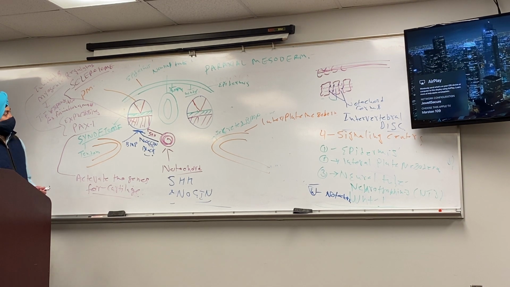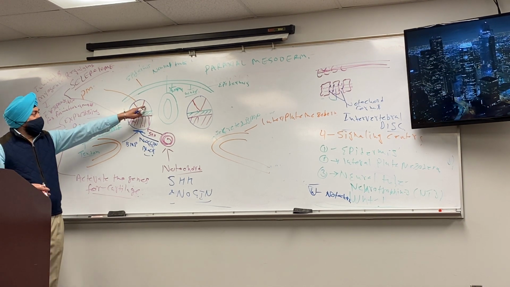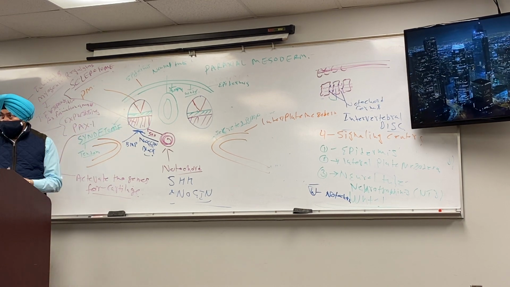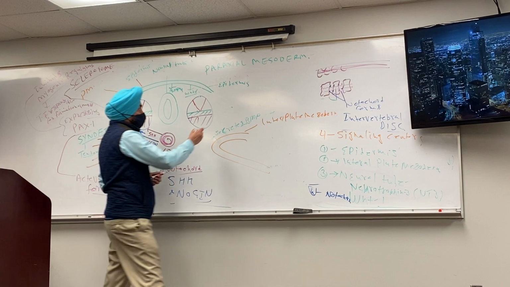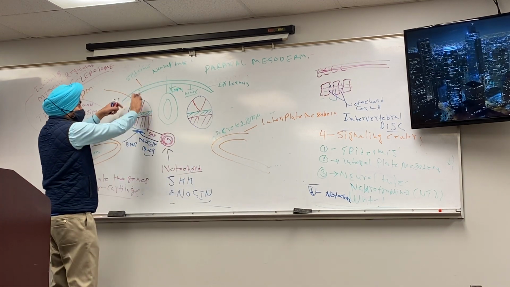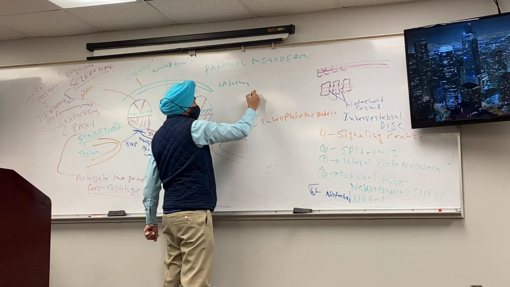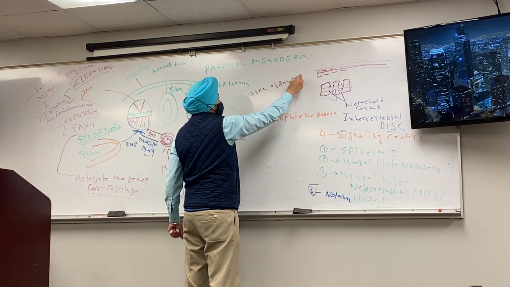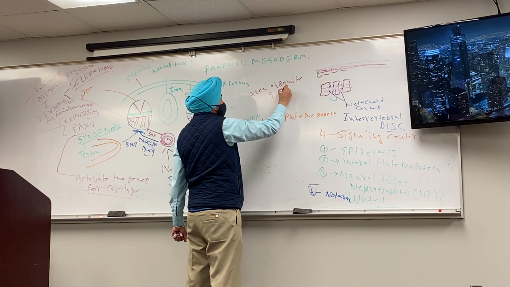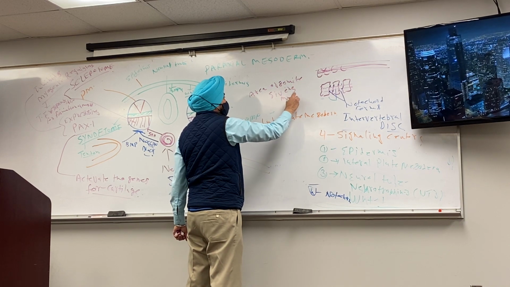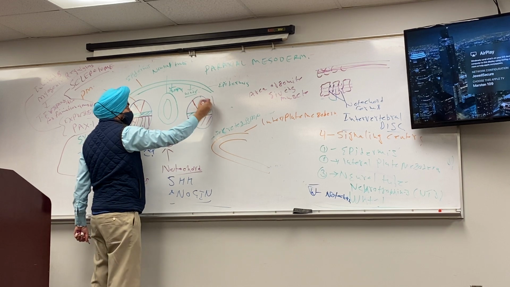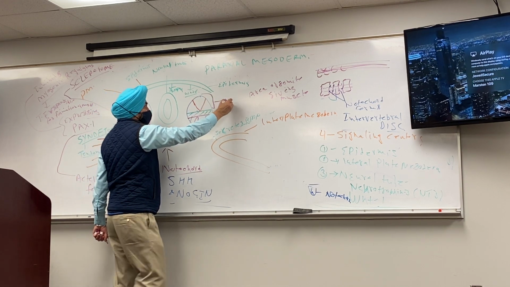Now, since they are going to give muscle, this area of the somite, all of these are going to give muscle. Area of the somite giving muscle. So this whole thing will be a myotome.